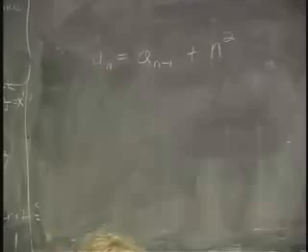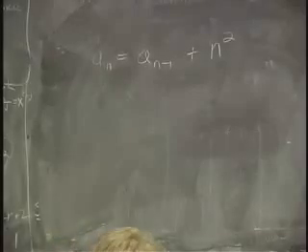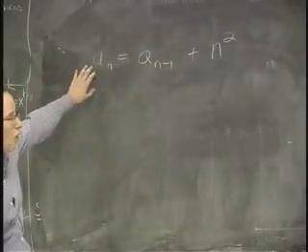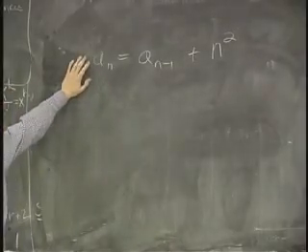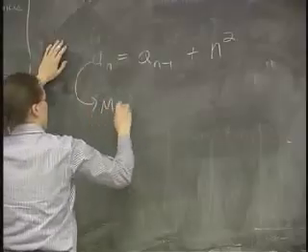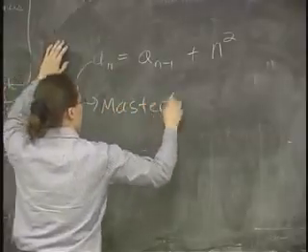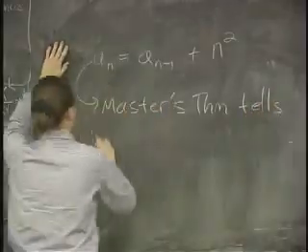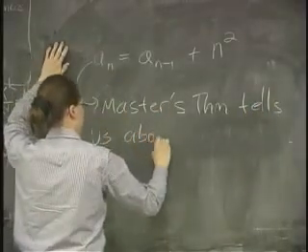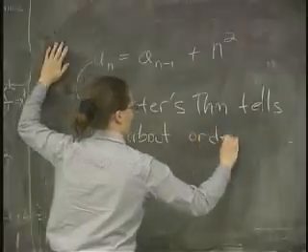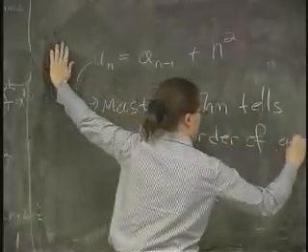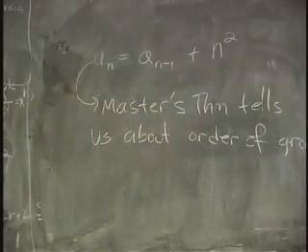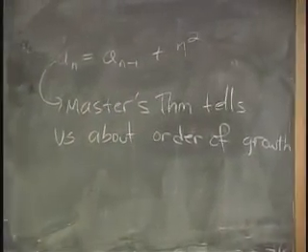Okay. We haven't done anything like this yet today, and that's too bad. Well, we know something from the Master's theorem about the order of growth of this, but we don't know a closed formula for solving this kind of recurrence relation.